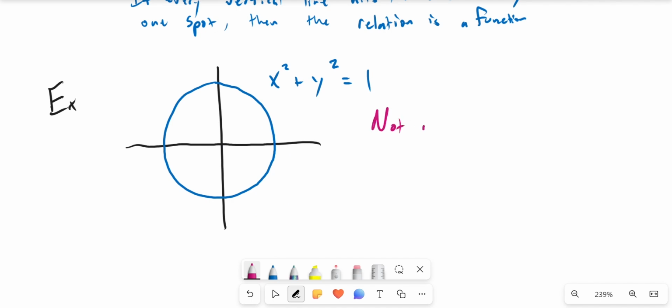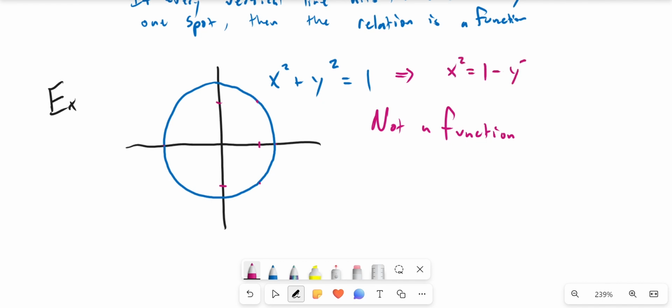It's a relation. It assigns points on the x-axis to points on the y-axis. That's true enough. But for every x point, except for these two endpoints, we're actually assigning two values of y, a plus and a minus one. Right? If I solve this for x, what I'll get is x squared is equal to 1 minus y squared.